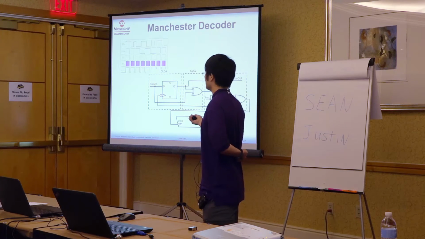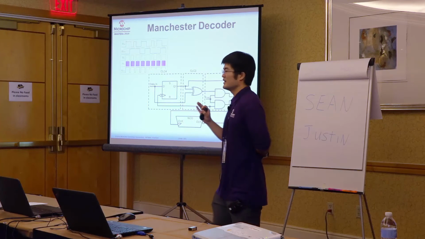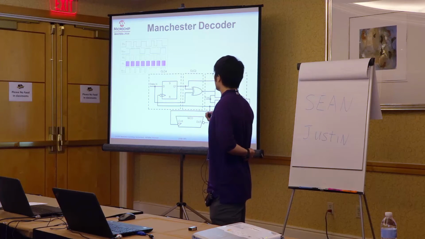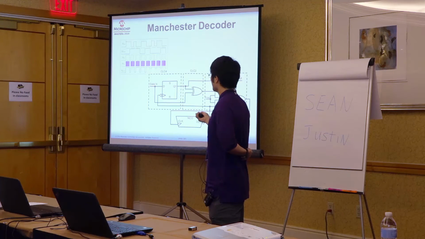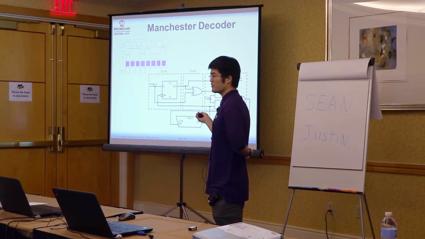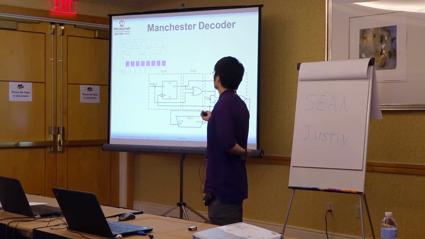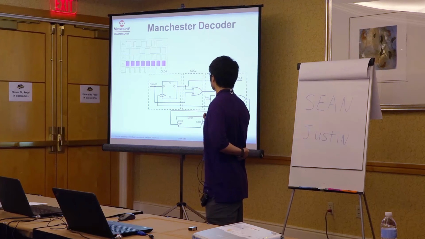I'm sampling at this edge, following edge, right? Now, how do I get my clock? Well, as we mentioned before, we take data out and data in and XOR them together, which gives you the imperfect clock. I got my imperfect clock, which is the green wave here.